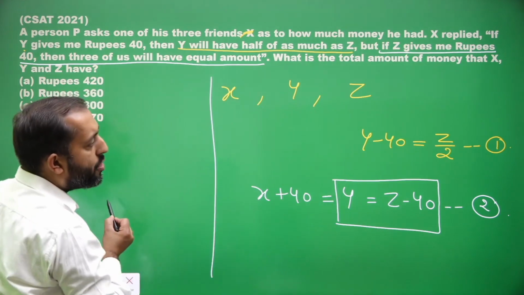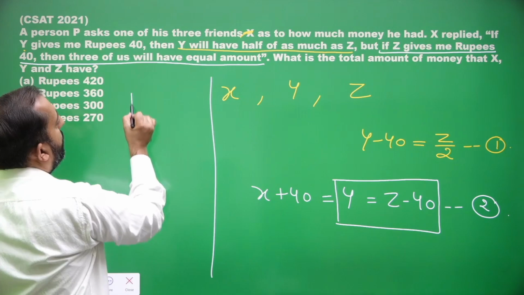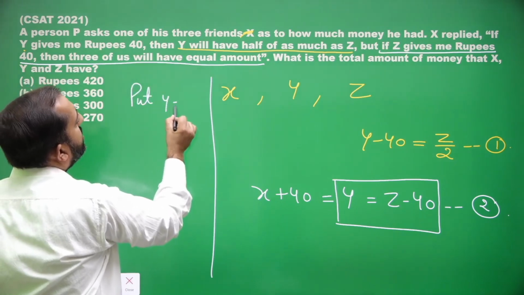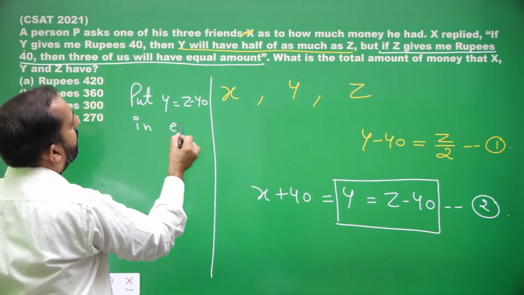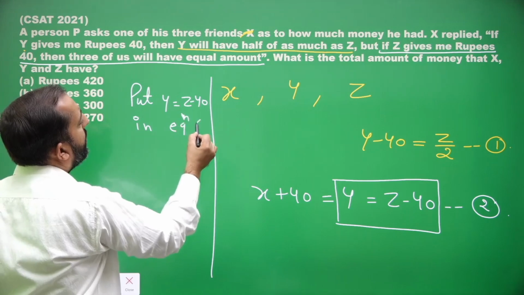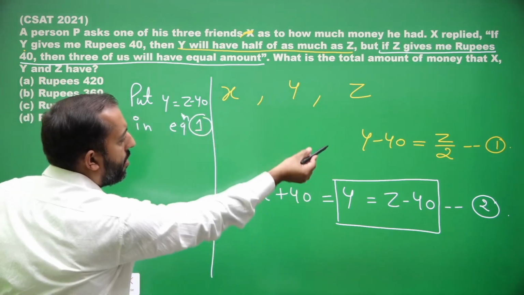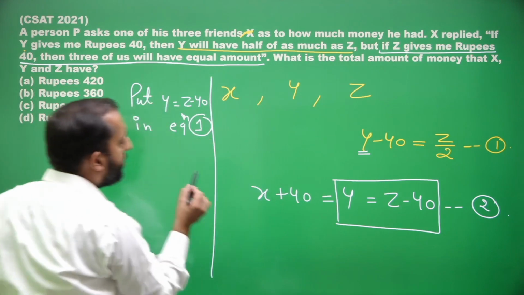From this part of equation 2, put Y equals Z minus 40 in equation 1. So, replace this Y with Z minus 40.